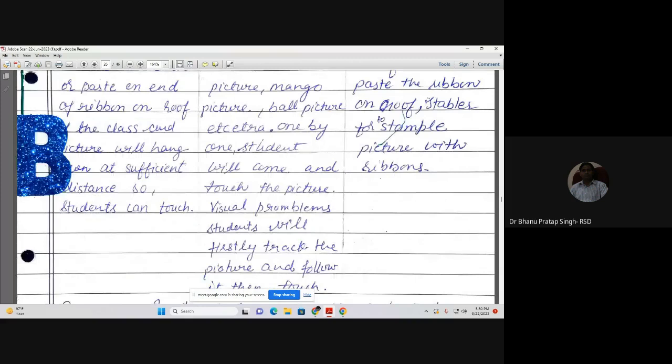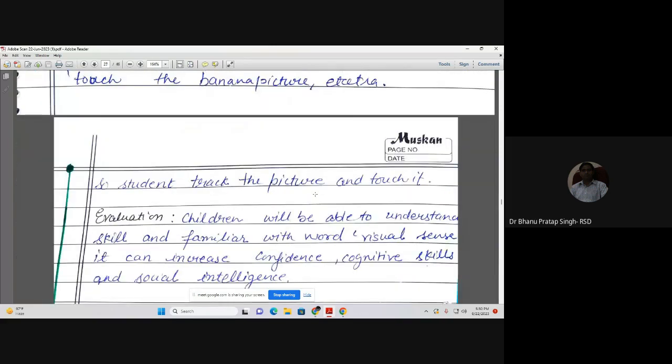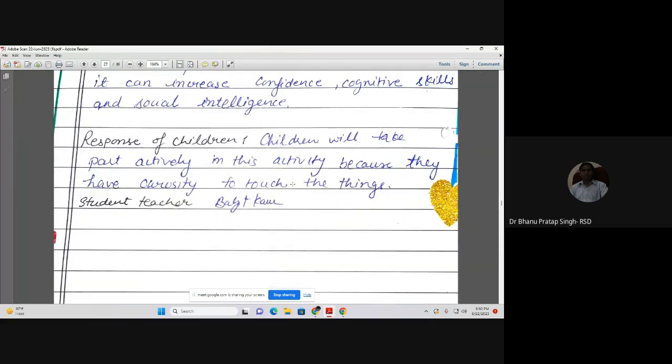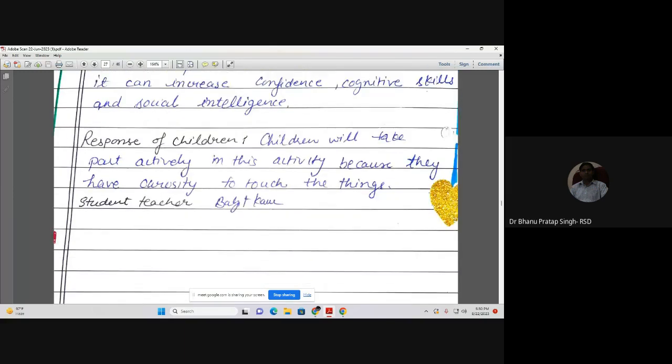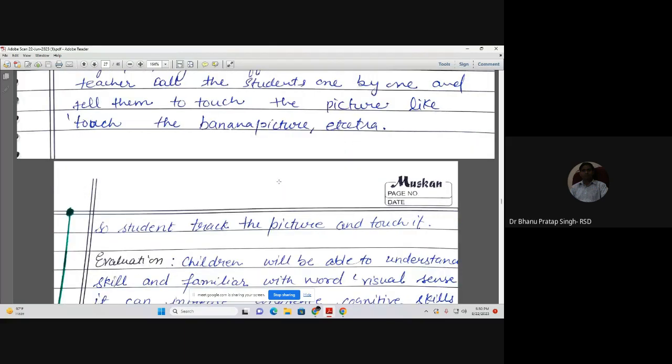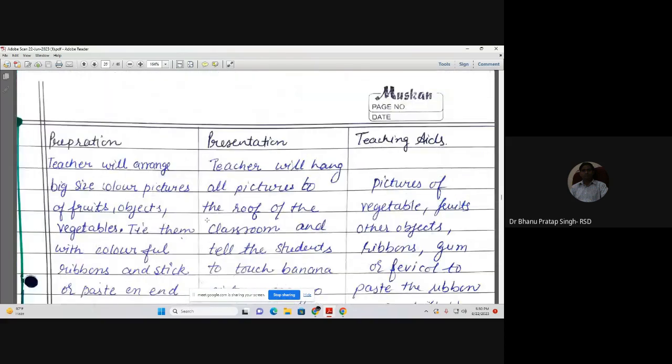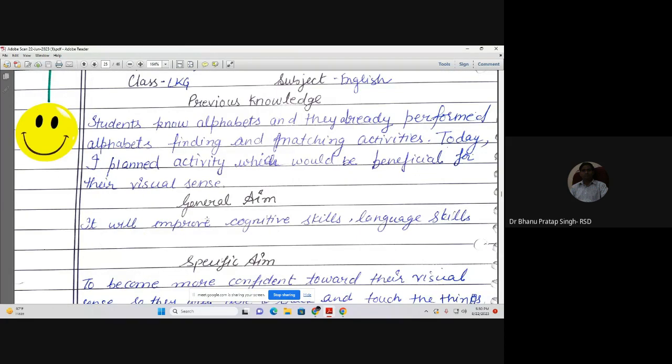What is this B? B is the indication, the first alphabet, of the student teacher, or you may call her the researcher, Baljit Kaur. What I understand, I don't know, is there any significance or relevance of this B? Because what is the topic? The topic is students know alphabet.